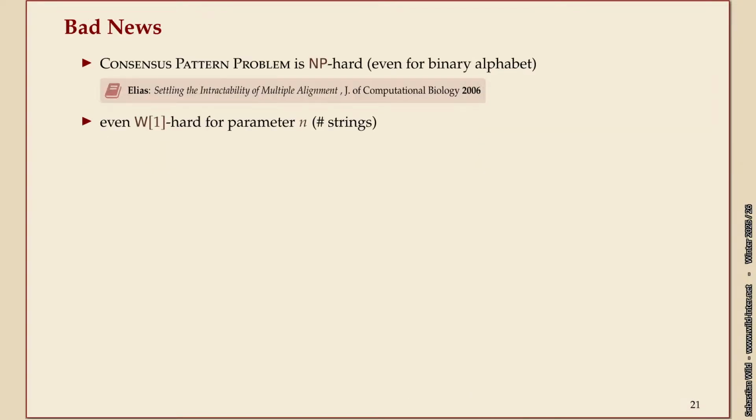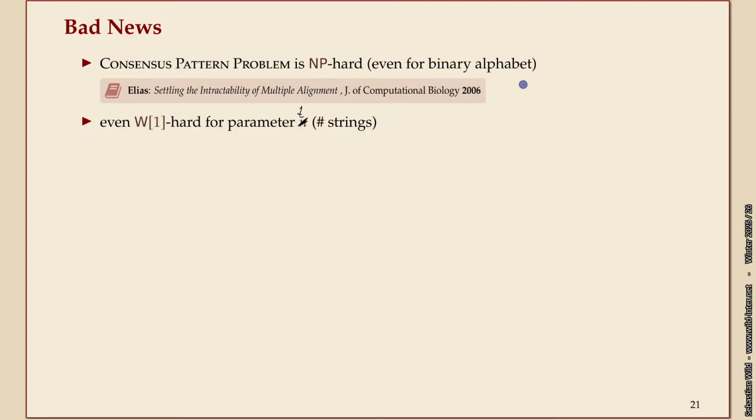I'll come back to the other parts later. The bad news first: the problem's hard, and even in a bad way. Sorry, that should be a T. It's NP-hard even if the alphabet is small. They say even if it's a binary alphabet; maybe we would say the DNA alphabet with 4 letters is more natural, but that's not helping.